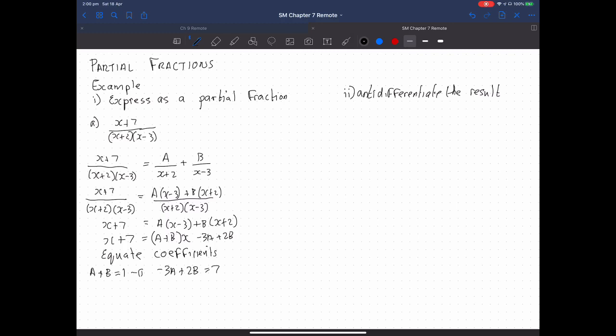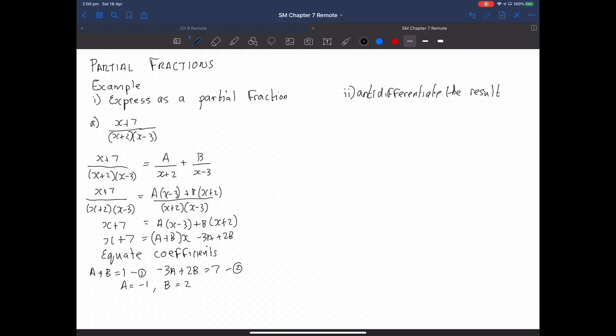What we have are two equations, both using a and b. We can solve those using simultaneous equations. When we do so, we get a equals -1 and b is equal to 2.